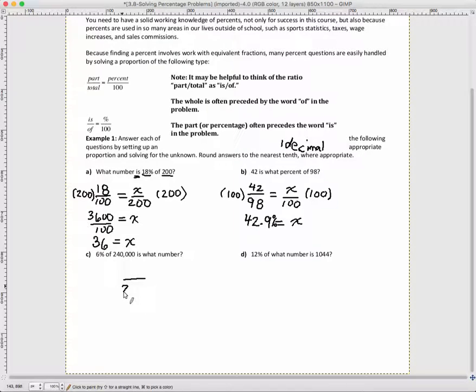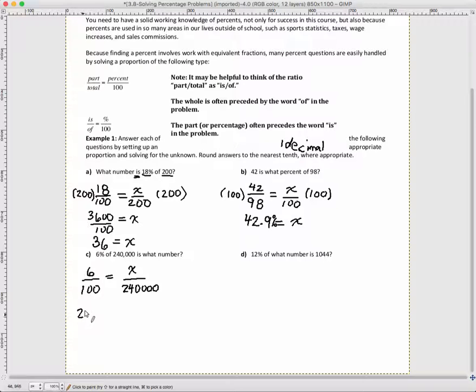So that tells me that I have 240,000, and I'm looking for what number is equivalent to this, and it's going to be 6%. So that's divided by 100, 6 100ths, and I'm trying to solve for x here.